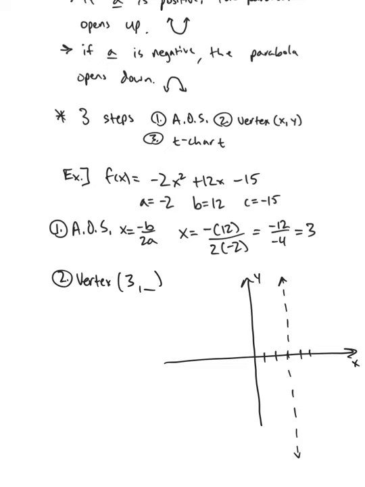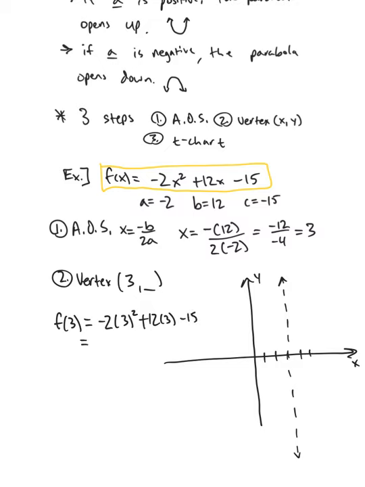The way we do that, we want to find f of 3. We want to substitute 3 into our function for x. So this looks like negative 2 times 3 squared plus 12 times 3 minus 15.